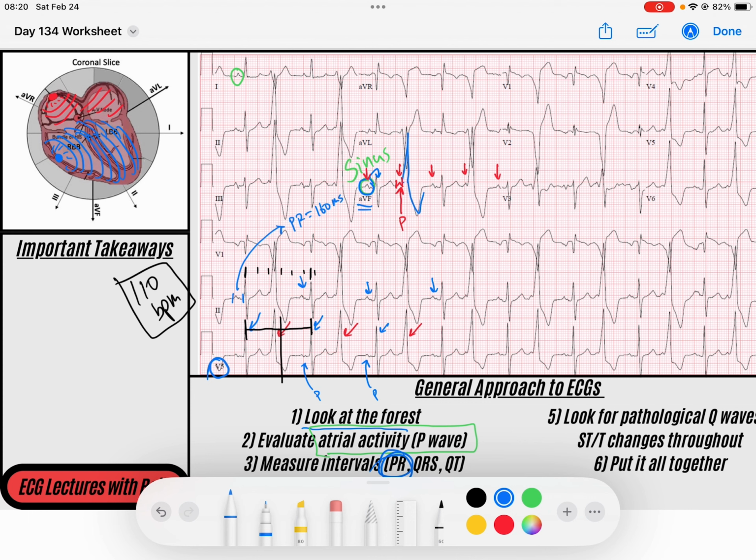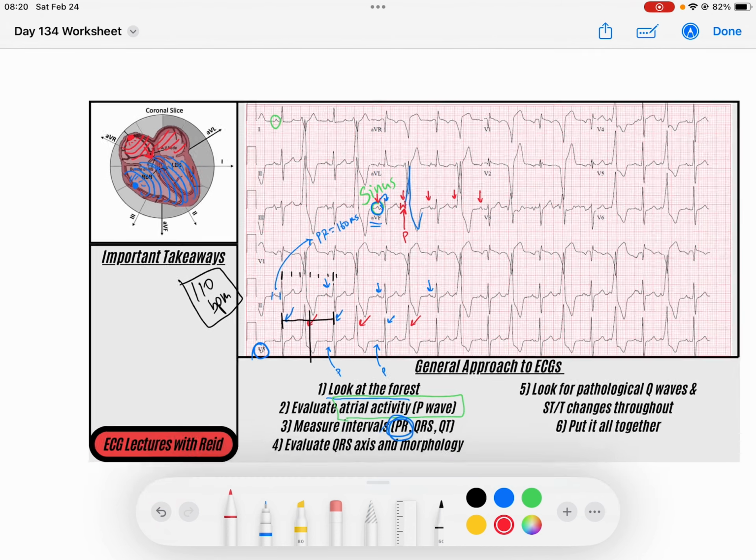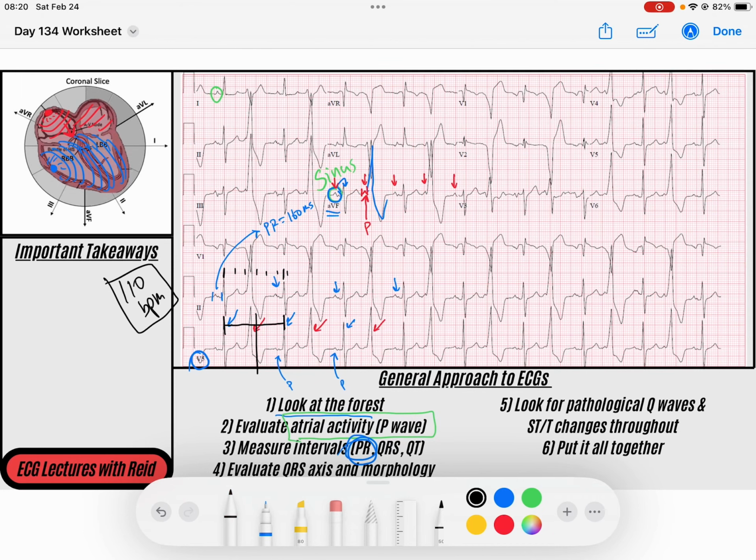And essentially that P wave that is trying to come down through the AV node can't, because the ventricles have already depolarized and they are refractory. And so we're getting that in this very consistent pattern. And so you could say that these are premature ventricular contractions, right?